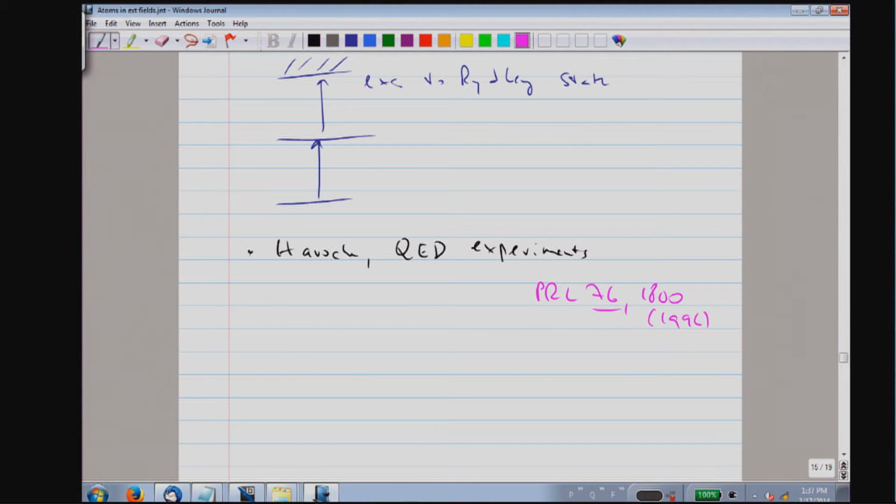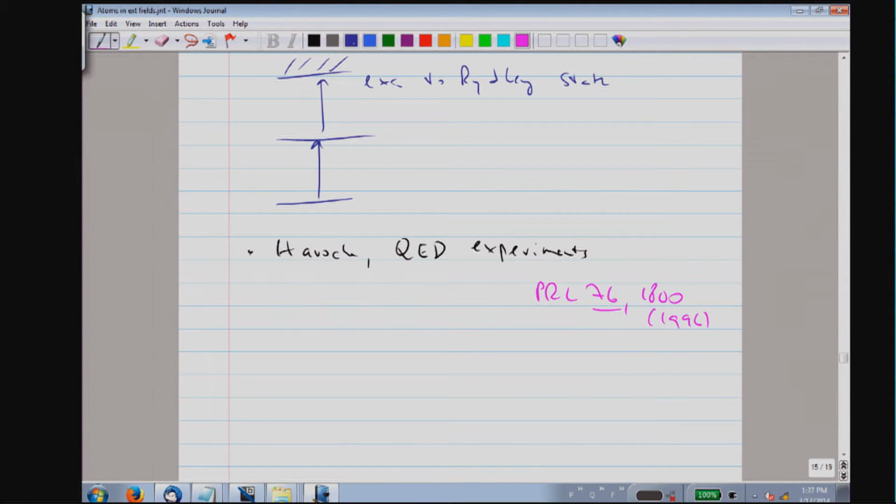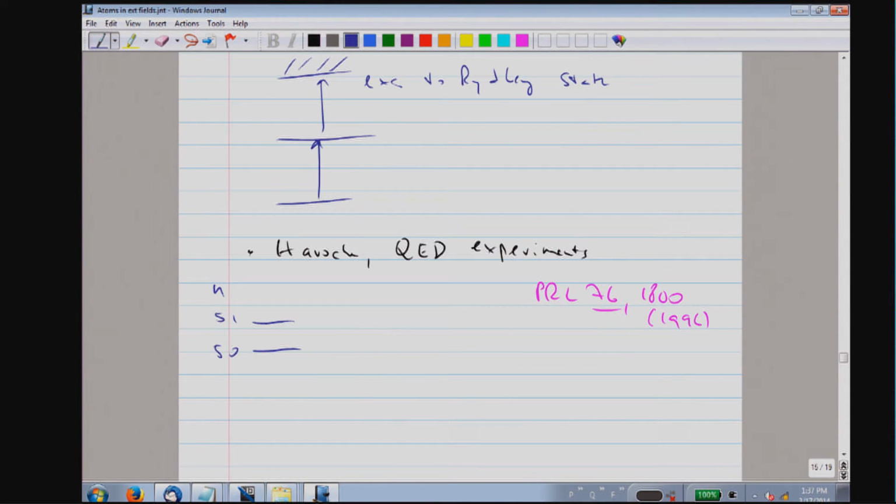I just read it a few weeks ago, and it's a delight to read how he exposes the field. So they did QED experiments by having microwave transitions between atoms in two highly excited states, let's say with principal quantum number 50 and 51. So that's now conveniently in the microwave regime.